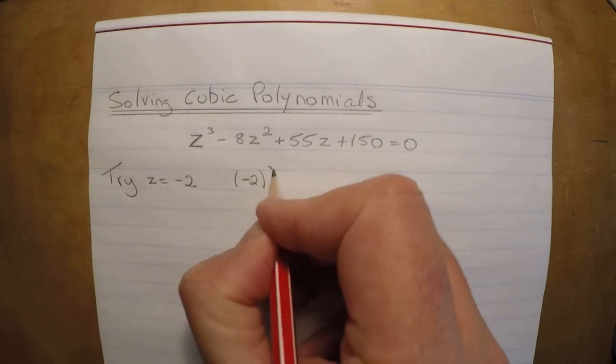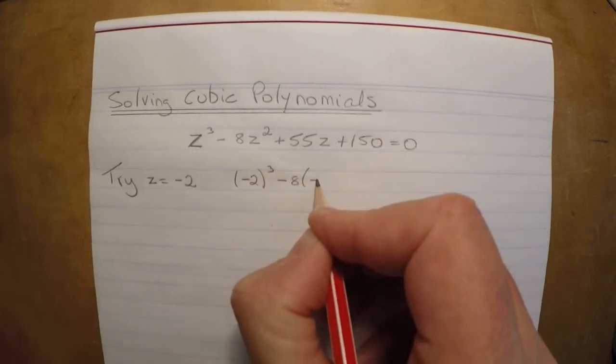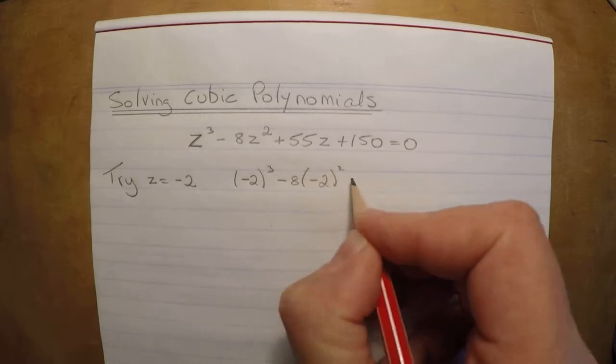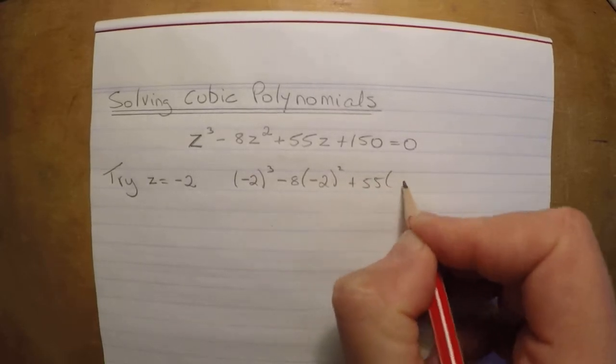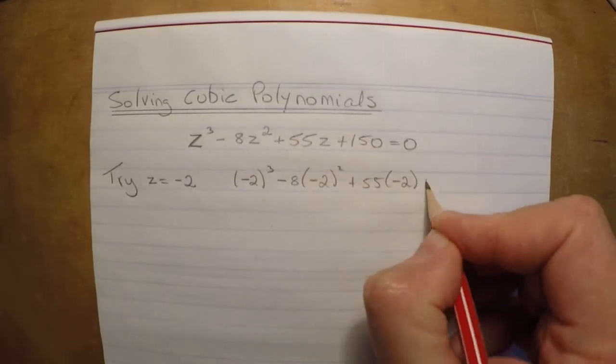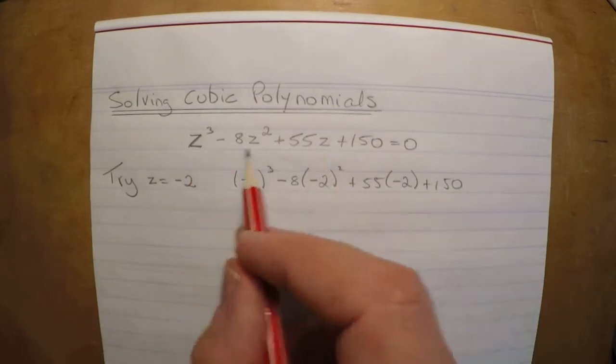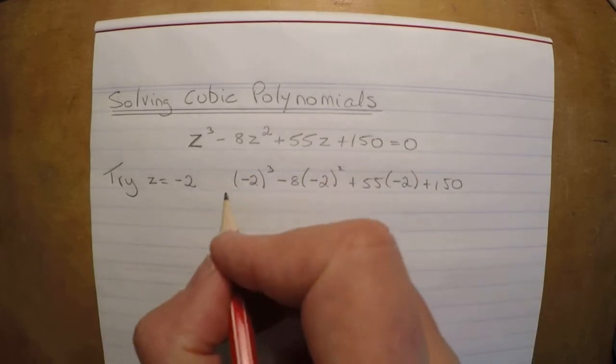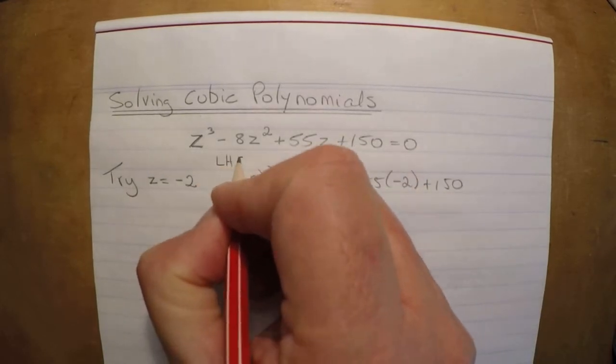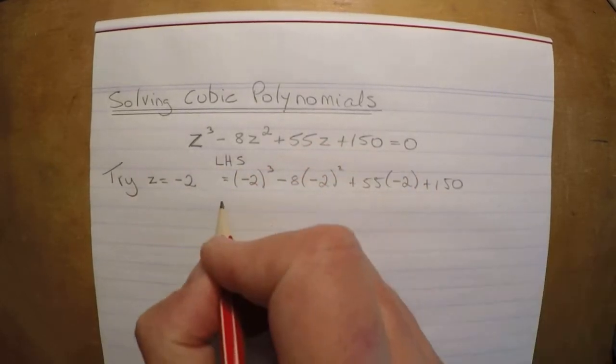-2 cubed minus 8 by -2 squared plus 55 by -2 plus 150. Now technically we don't know whether this is true yet, so I suppose we should say left hand side equals this expression.